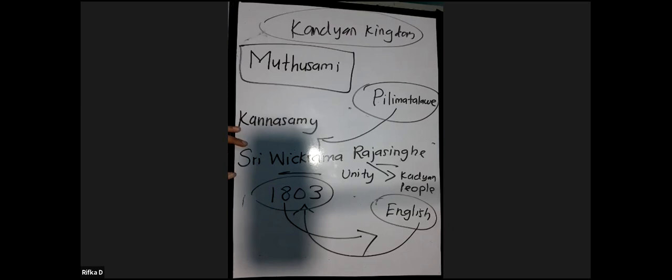Also, children, he got addicted to what? Alcohol. As he got addicted to alcohol, he started acting so cruelly.